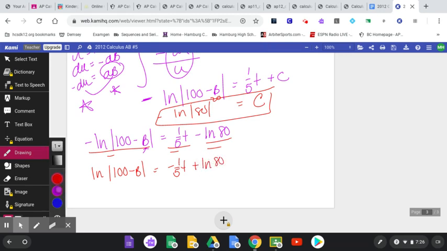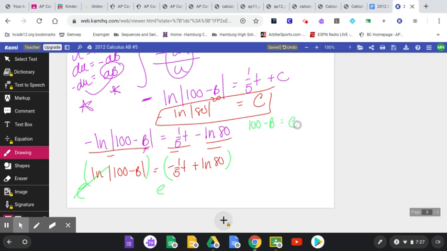Now it's fair game to go ahead and exponentiate both sides because the e and the ln are officially touching. So I'm going to carry over here because I've still got a lot more to go. I've got 100 minus b equals e to the negative 1/5 t plus the ln of 80. I'm going to decompose this side. So I have 100 minus b equals e to the negative 1/5 t times e to the ln of 80.